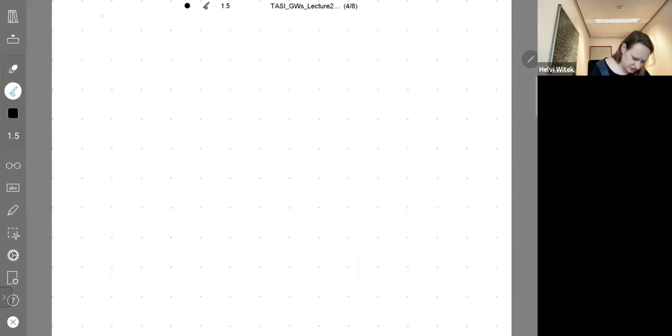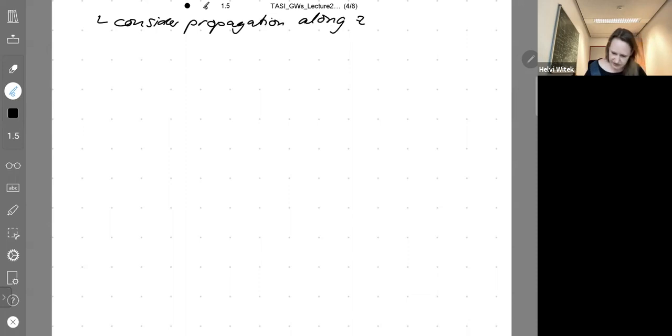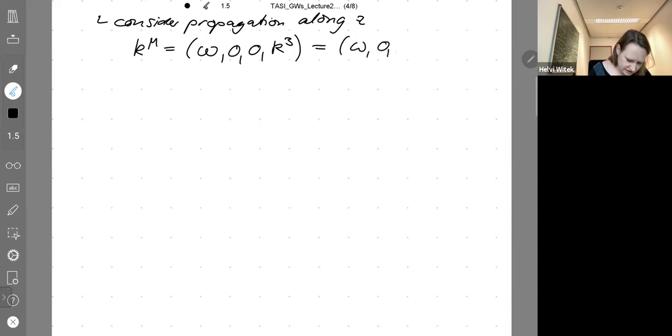So to do so, let's consider propagation along the z direction. That is, our wave vector will have the components omega, the frequency, 0, 0, and then just k3. Using our dispersion relation that we just wrote down, this is nothing else but omega, 0, 0, omega.